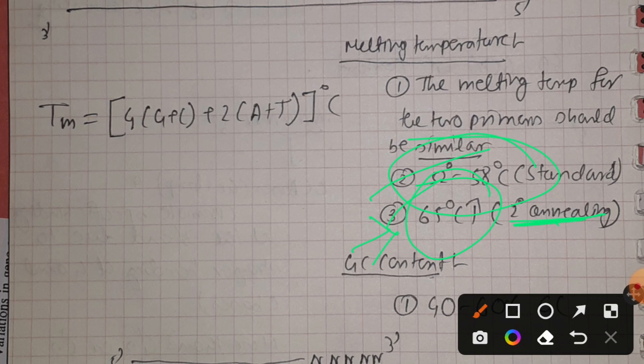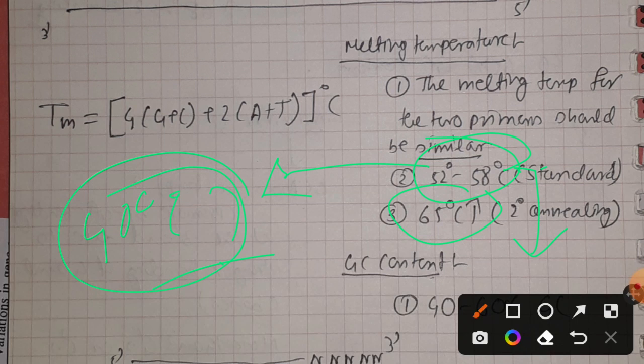Okay, now I hope you may ask why 52 to 58? You may also take 40. Why are you not taking it? So the idea is, yes, if you increase the Tm value too high, it will promote secondary annealing.